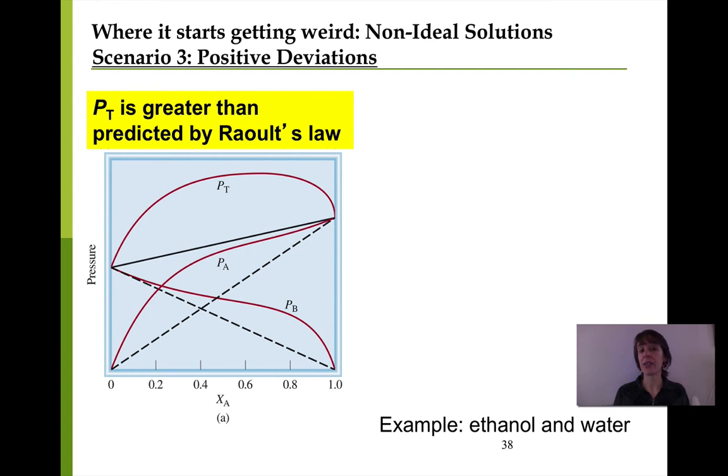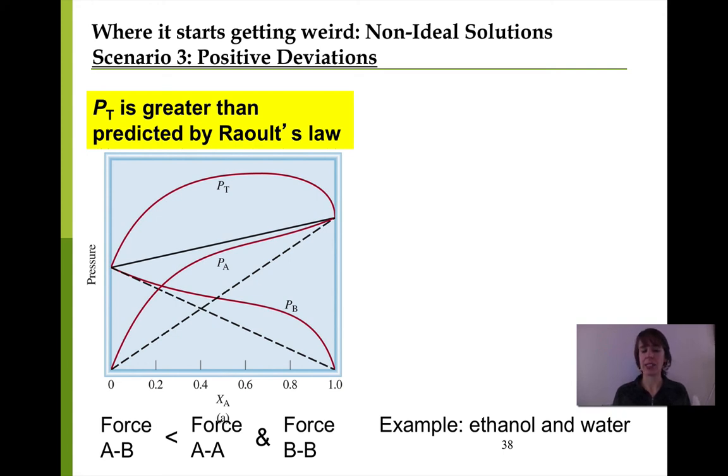And then scenario 3 is the opposite situation, positive deviations. Now what could cause this? We'd be getting a vapor pressure greater than what's predicted by Raoult's law. An example here is ethanol and water. And the way we can explain it is that A and B don't really want to mix in this case.